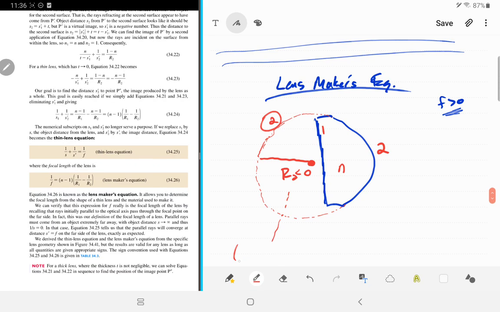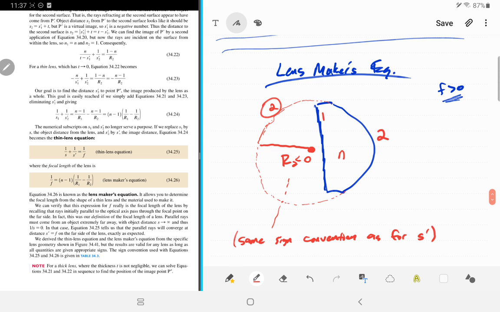So R1 and R2 separately could be positive or negative, and it's up to you to determine. What you do is for each surface, draw the circle. Is the center of the circle on the left-hand side or the right-hand side? If it's on the left-hand side, then that radius of curvature is negative. If it's on the right-hand side, it's positive.